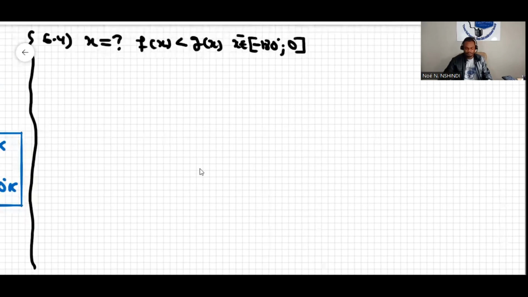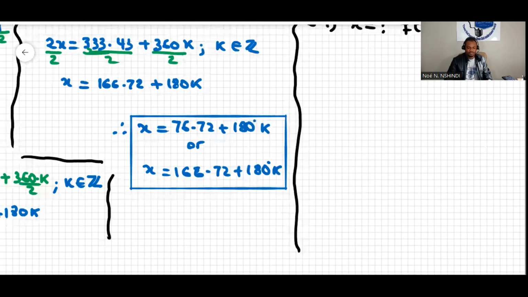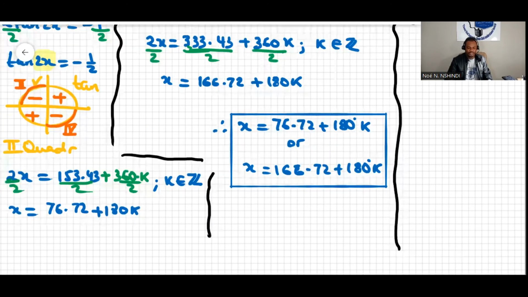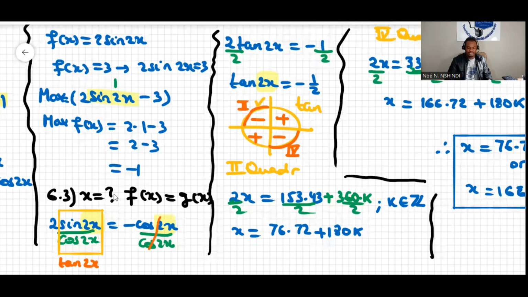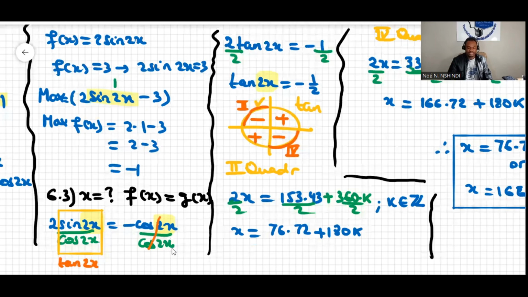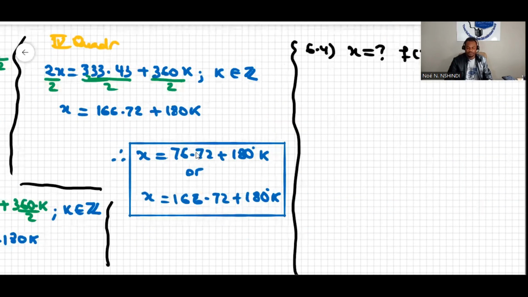They're equal at this value because in the previous question we proved that f of x is equal to g of x, and the answers are these values, 76.72 plus 180 degrees k, or at this point.